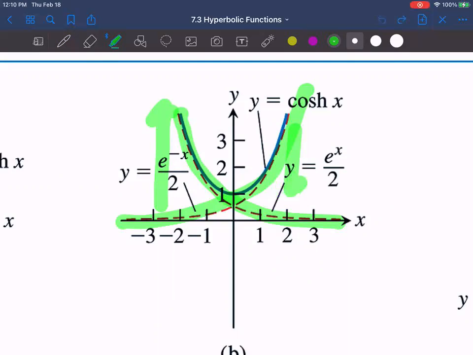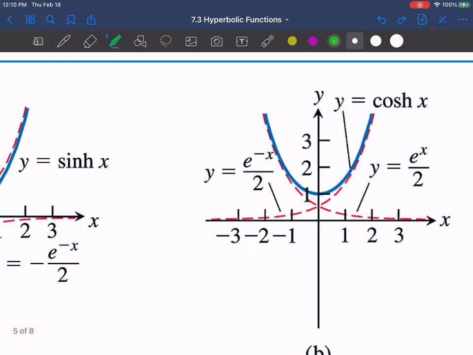So as we add those two together, here we get 1/2 plus 1/2. That gives us the 1, so it goes through 1 there. And then everywhere else, this goes to 0 on the right, so it starts to follow just the e to the x one. The e to the negative x goes to 0 here, so it starts to follow just the other one right there. Okay, so it's just that combination of the two giving us that blue graph right there of the hyperbolic cosine. All right, any questions so far?